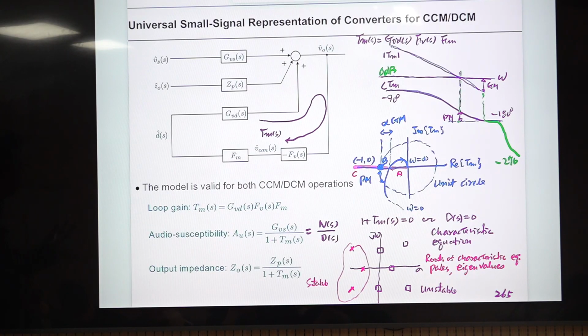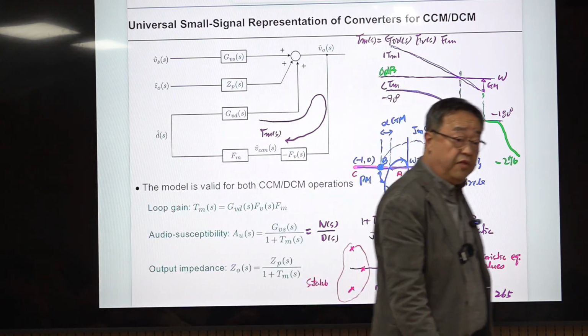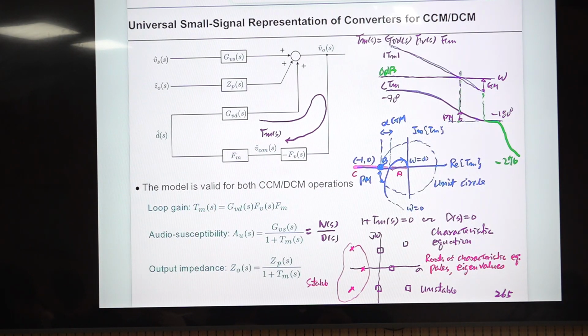The roots of the characteristic equation are called poles, eigenvalues, and natural modes. If all the roots are in the left half plane of the S plane, then it is stable. Otherwise, if there is a pole in the right half plane, the converter is unstable.